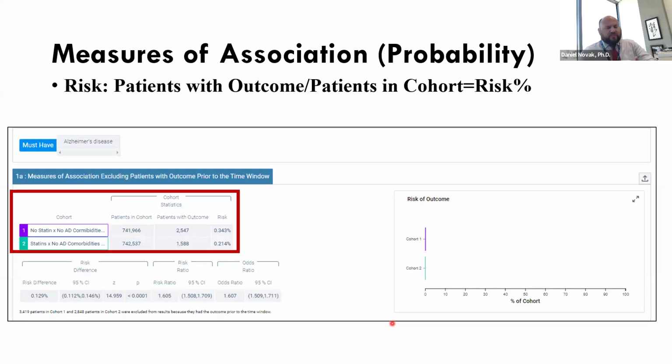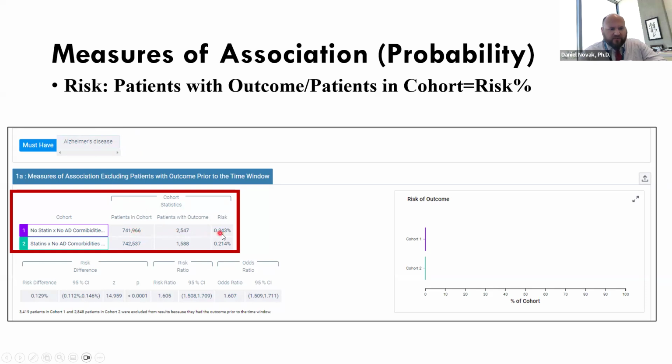Let's look at how TriNetX represents these numbers now that we know how they work. So here's your measures of association window. Whenever you run an outcome in TriNetX, it's going to tell you that this risk box over here, for any given outcome, for any given cohort, in this particular outcome, Alzheimer's disease, is patients with the outcome divided by the total number of people in the cohort.